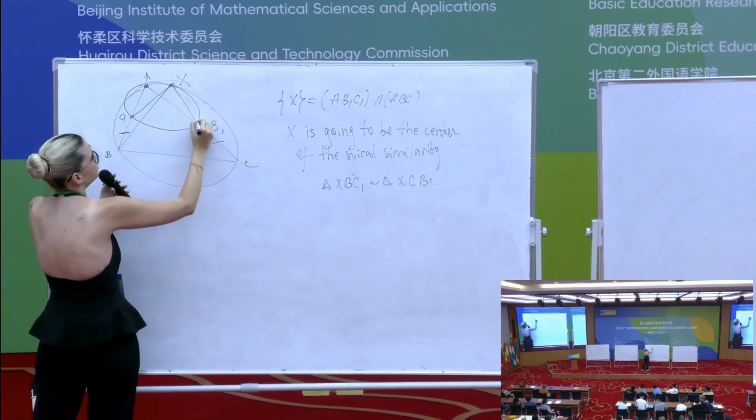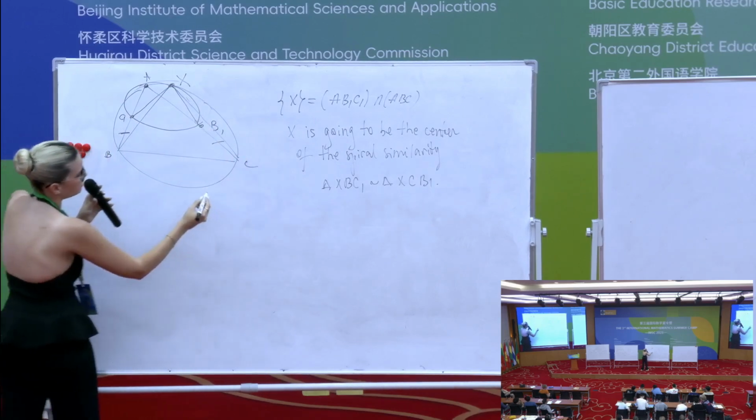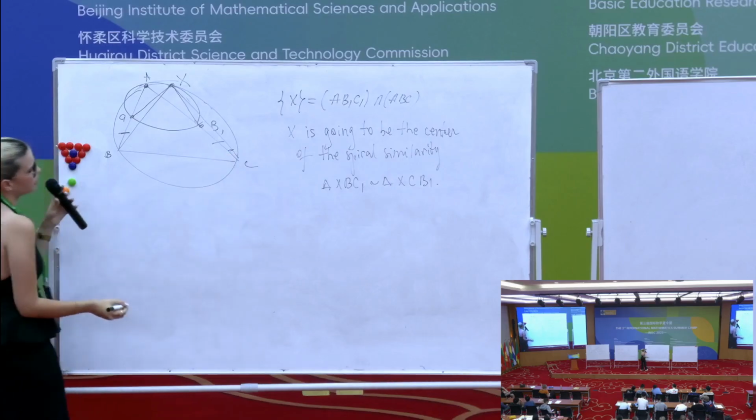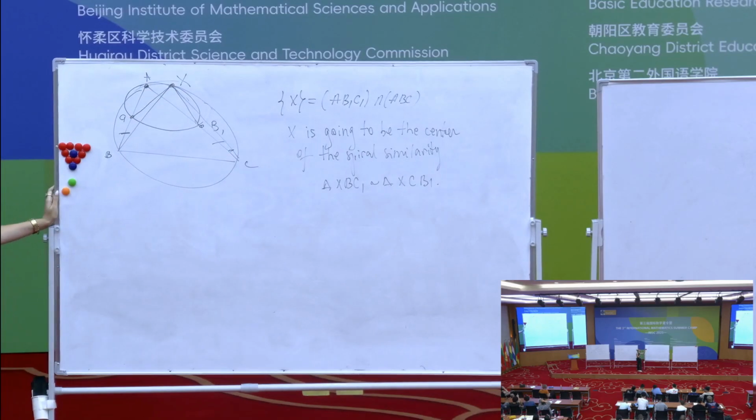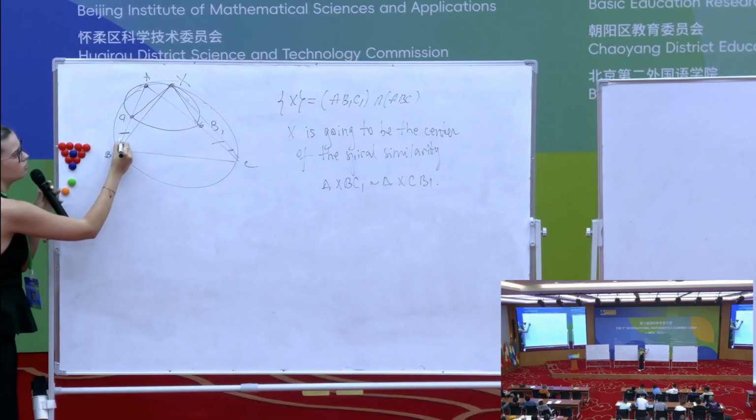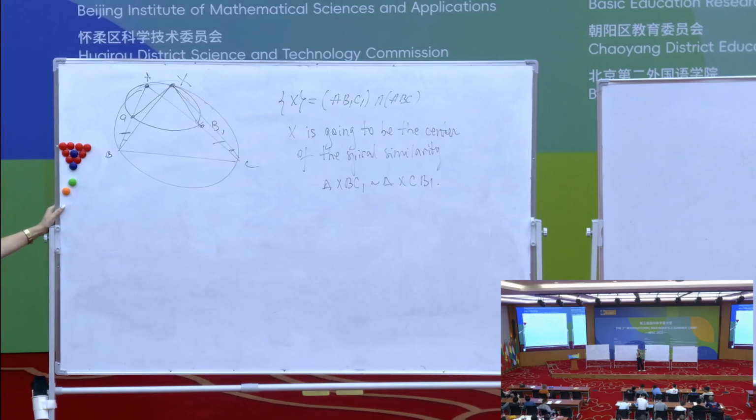Because the angle right here is equal to half of the arc AX in the big circle, which is equal to the angle ABX, which is C1BX.